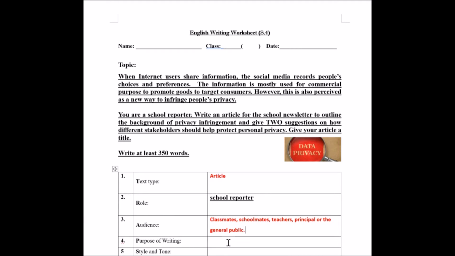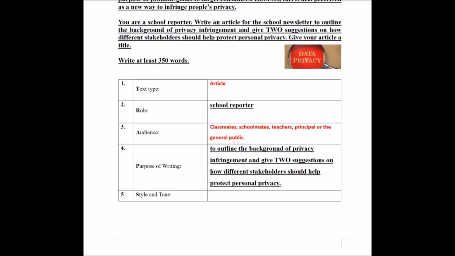Okay. What about your purpose of writing? In a question, it asks you to write an article for the school newsletter to outline the background of privacy infringement and give 2 suggestions on how different stakeholders should help protect personal privacy. This is your purpose of writing. Okay, so we can simply copy and paste right over here.